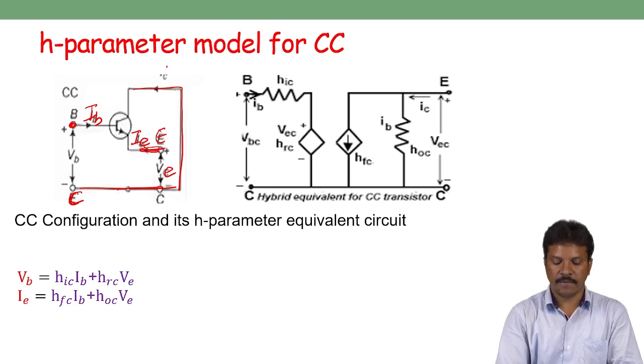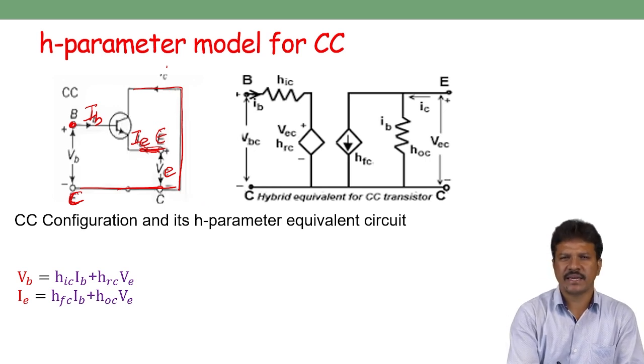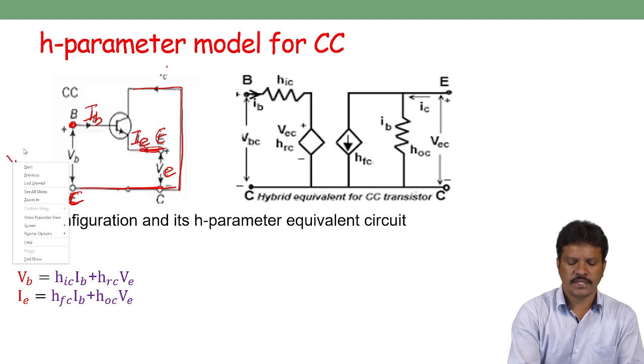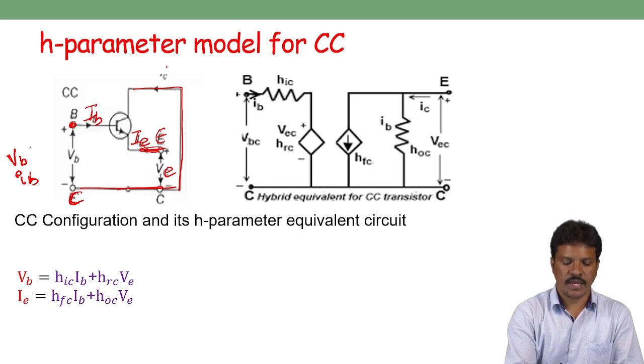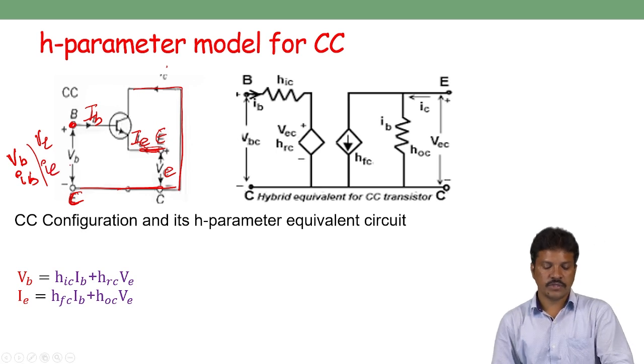The output terminal is the emitter, so the output current is IE. The common terminal is the collector. So what are the parameters here? The input voltage VB, the input current IB, the output voltage VE, and the output current IE.